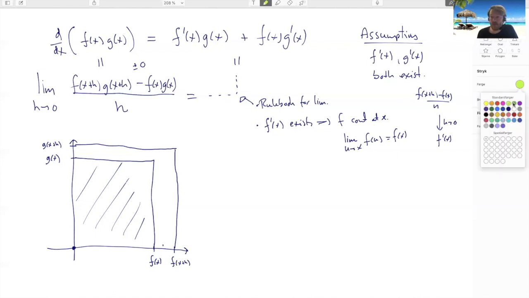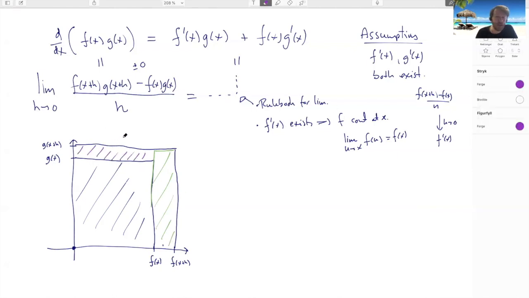Well, the trick is to split these two areas into a green one here, say, and then let's say a purple one here. Now, if you express the purple area here, and then you add the green area like this, then together these two should be equal to this thing here, which was just the overall increase in area.